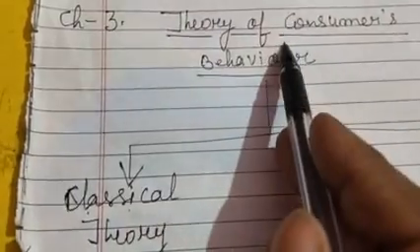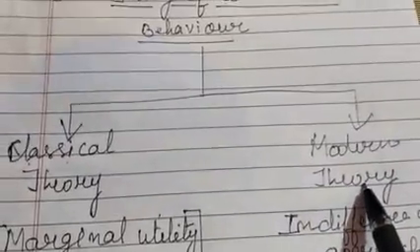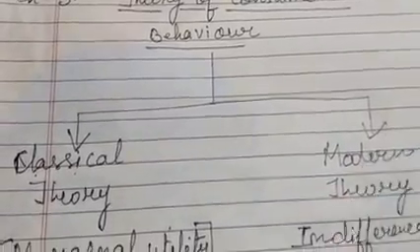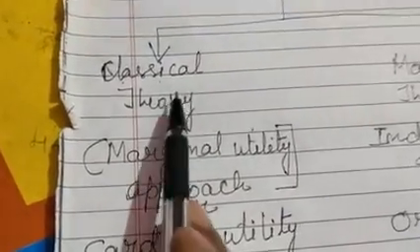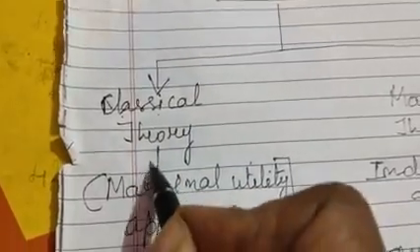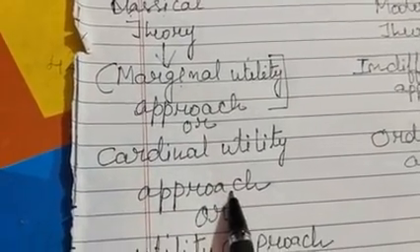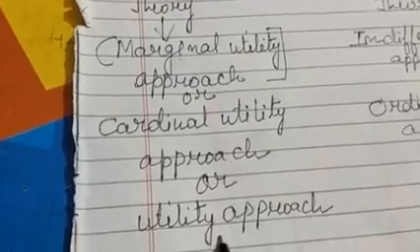In this we study two theories. One is the classical theory of consumers behavior, one is the modern theory of consumers behavior. Is it clear? The classical theory is called by three names: marginal utility approach theory, cardinal utility approach theory, or utility approach theory.